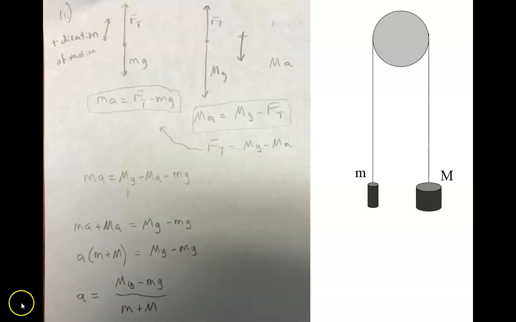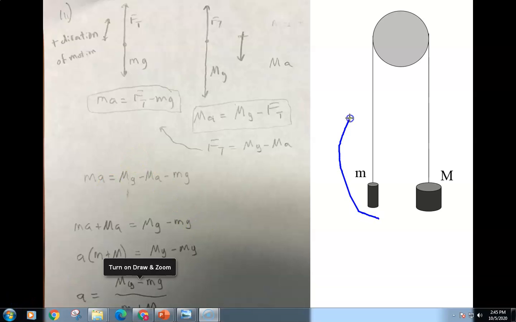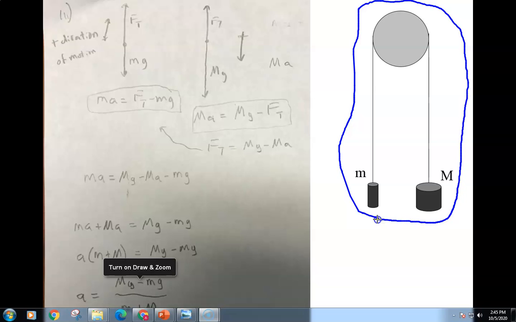Now we could have drawn our box around our system here, and we could have said we're only going to take into account forces that cut through the box. We still want to say that to the right, down is positive, and to the left, up is positive.